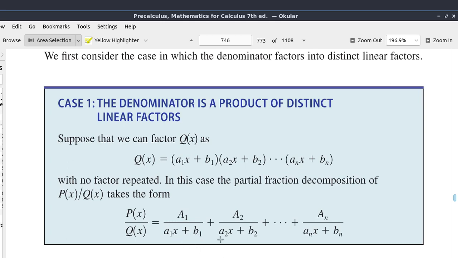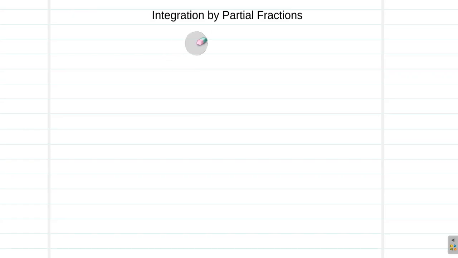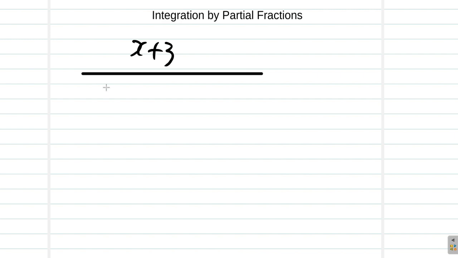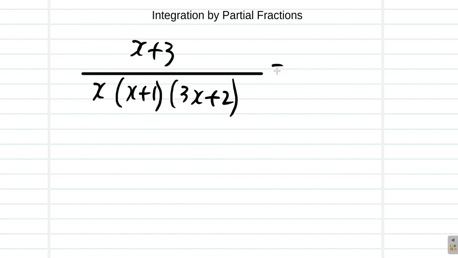A1, B1 are numbers. So here, this could be a situation like saying you have x plus 3 divided by, and then the denominator could be x times x plus 1 times 3x plus 2, right?